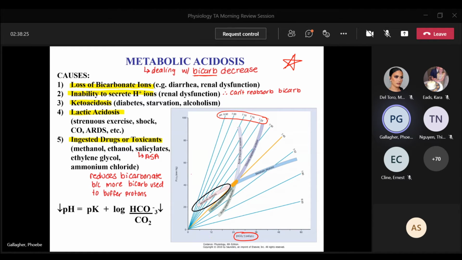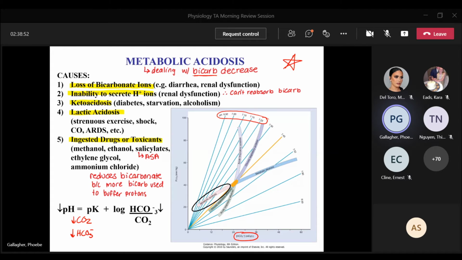So your CO2 levels are also going to decrease, likely due to the same kind of relationship here. If your bicarb levels decrease, you would expect there to be a shift in the equilibrium to try to make more bicarb. So that's also going to decrease your CO2 levels because of that relationship.